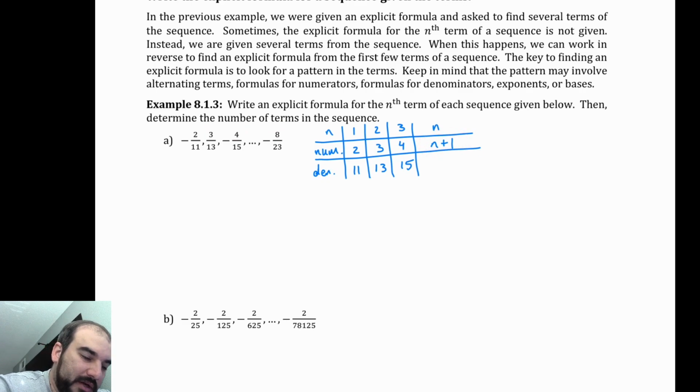What about the denominator? This one's a little bit harder. So ignoring these numbers, how does 1 become 11, 2 become 13, and 3 become 15? We need a formula for that.